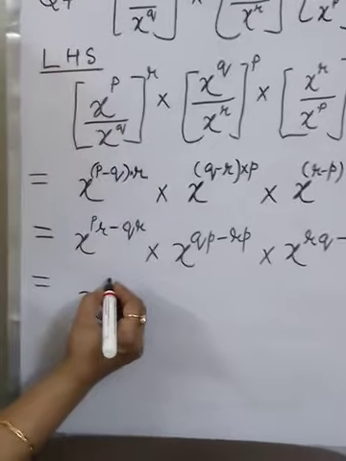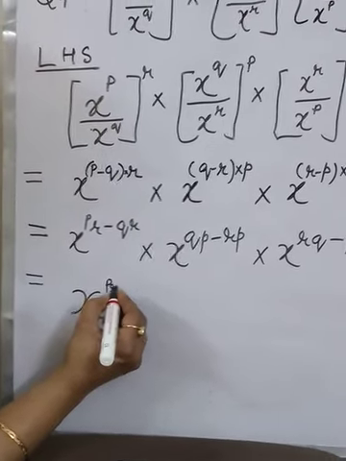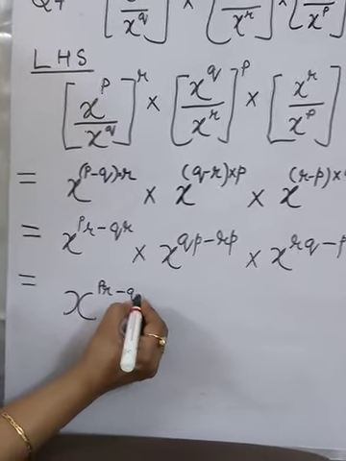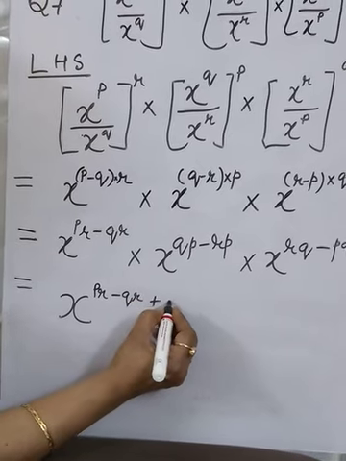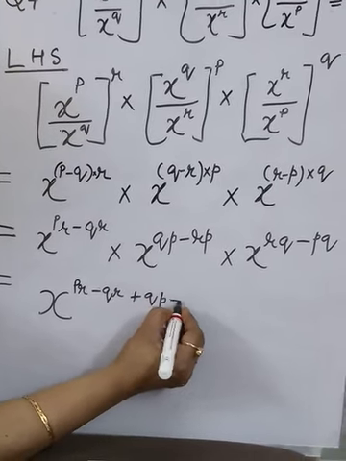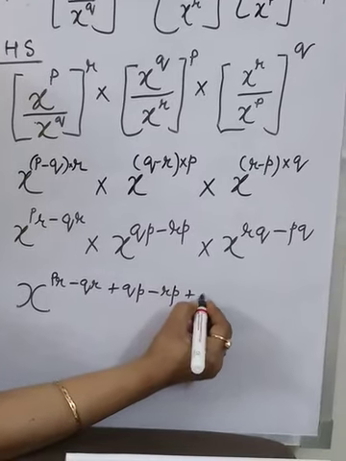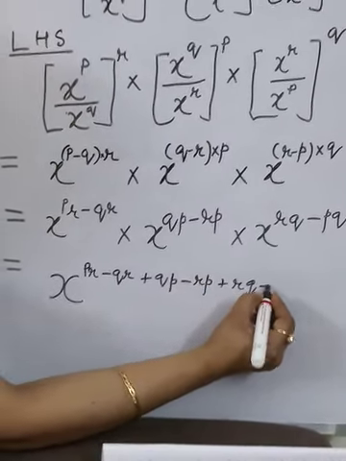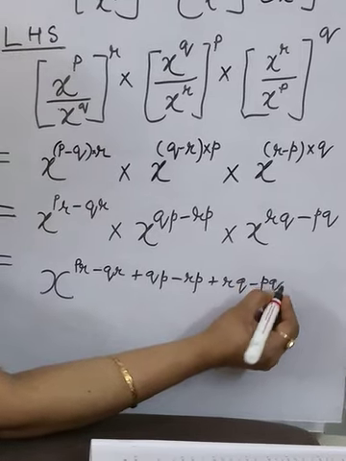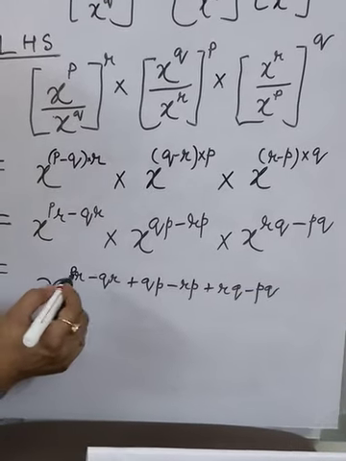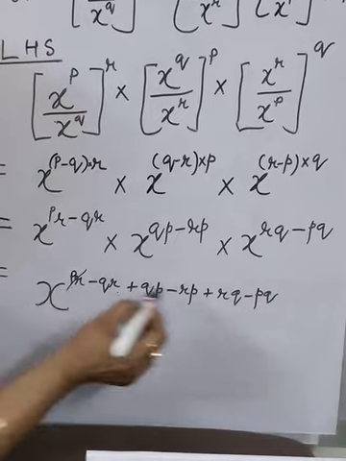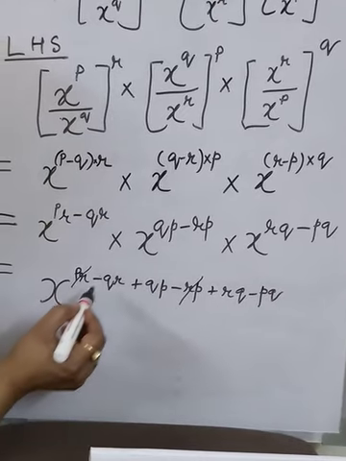The power PR minus QR plus QP minus RP plus RQ minus PQ. Now we solve. PR plus and minus PR gets cancelled.